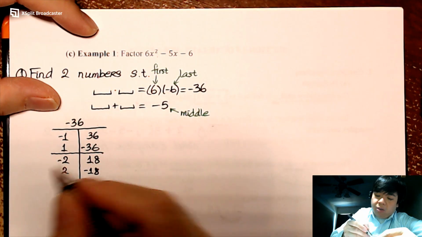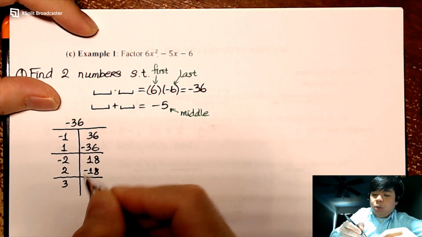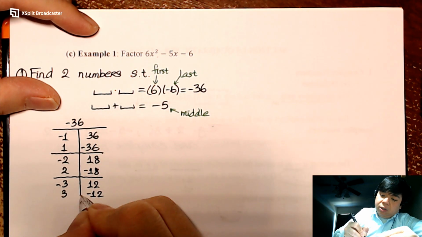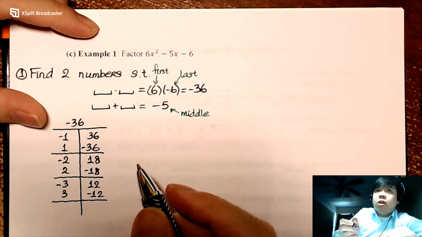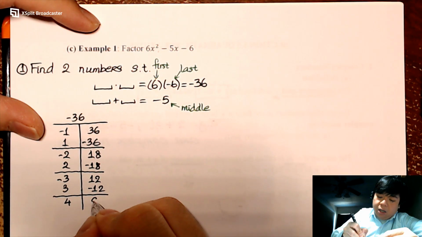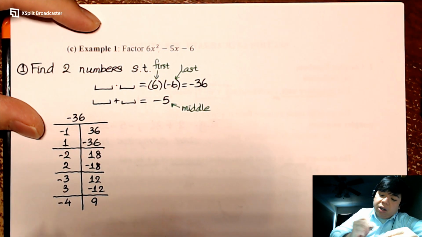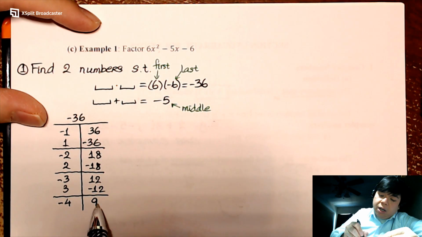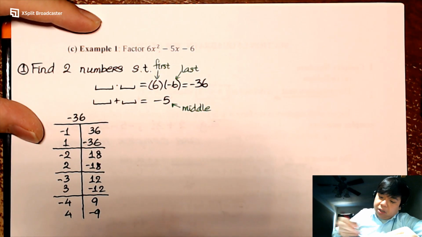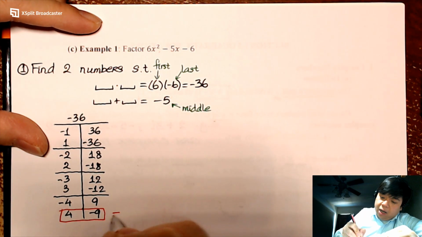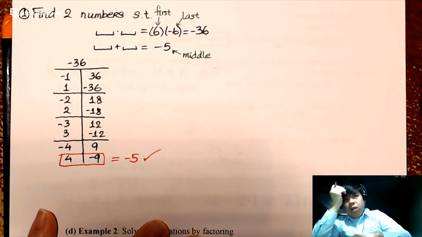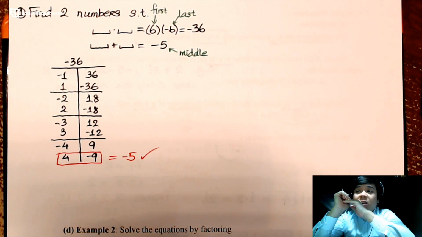They don't add up to -5 either. Okay, keep going. 3 and 12, -3 or -12. Don't add up to -5. And then 4 and 9. How about -4? No, still no. But 4 and -9. Yes. These add up to -5. So we have found two numbers, 4 and -9. So that's the first step.